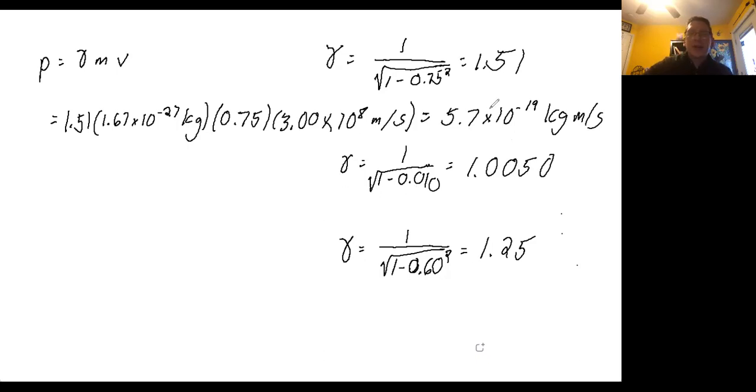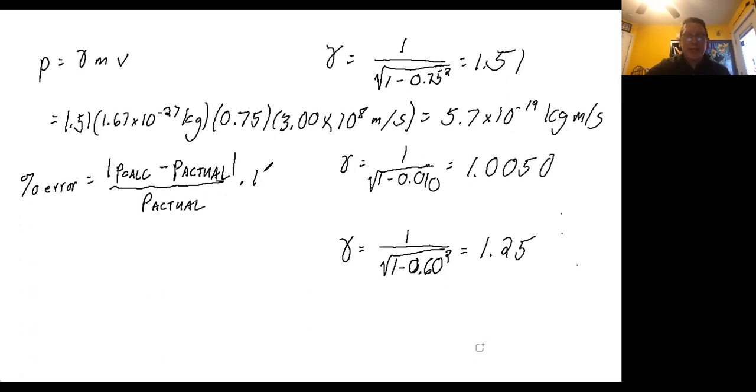You can figure out things more precisely than that, but you can see that approximately. So the percent error is equal to the absolute value of P calculated, and again, this is calculated without assuming relativity, minus P actual, divided by P actual, times 100%.